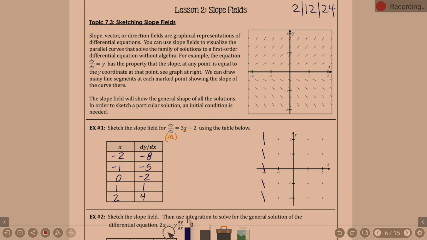So now your goal is to make that look like that. Easier said than done, I know. What do we know when the x value is 0? It's -2. So what does that mean in terms of slope? Less steep, still negative.